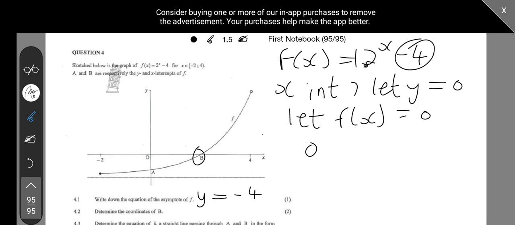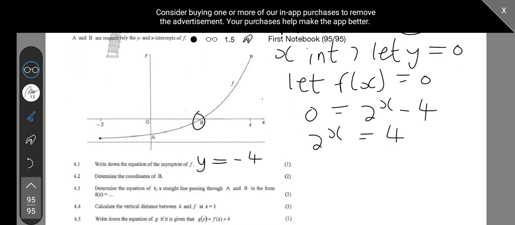So 0 equals 2 to the power of x minus 4, and then 2 to the power of x equals 4. If you can't change bases, just write it in a logarithmic way. Remember, our x becomes the left side, and x equals the logarithm base 2 of 4, the exponent being the number there.